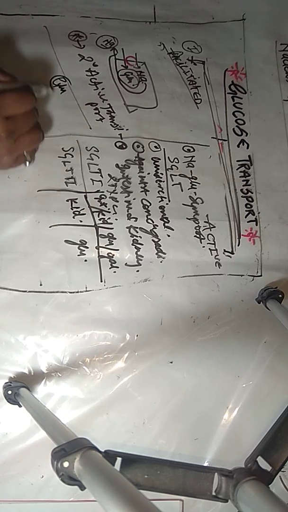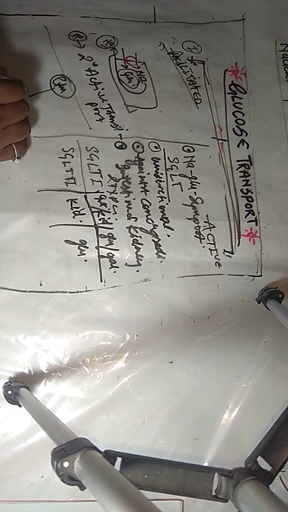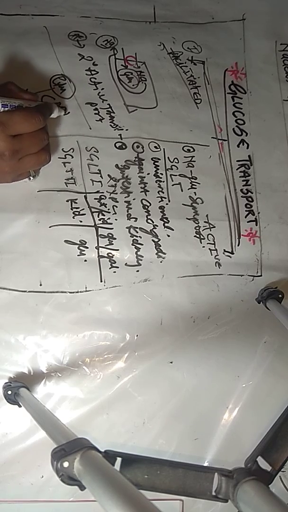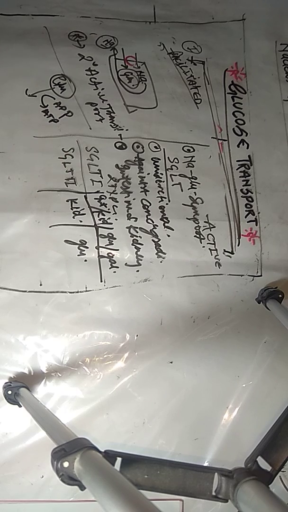And there is another concept. Glucose has to be trapped in the cell. So phosphorylation of the glucose is surely done as soon as it reaches within the cell.